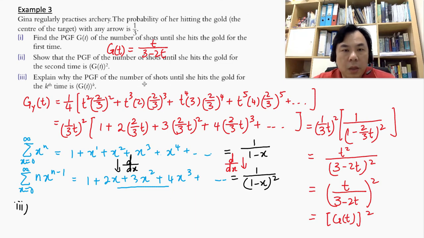Because of the total number of shots. The probability generating function for the total number of shots until k number of times. Now I'm going to write it down here.